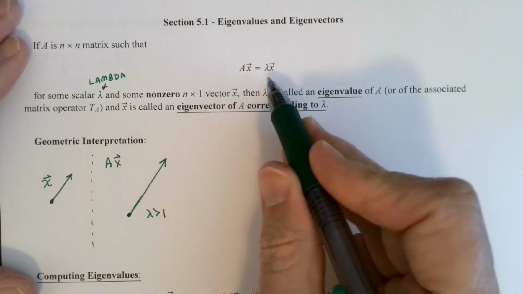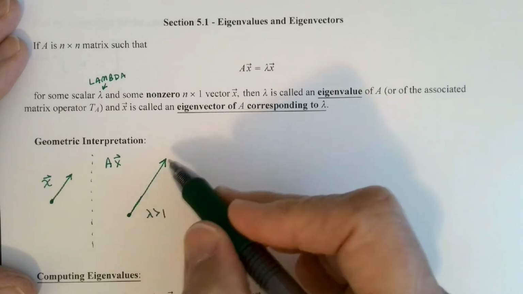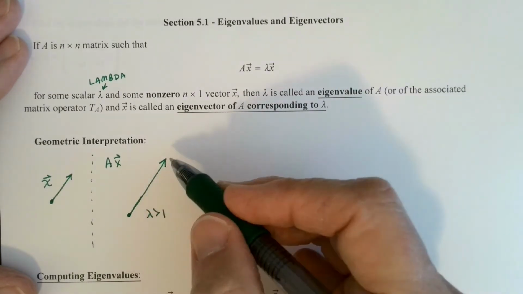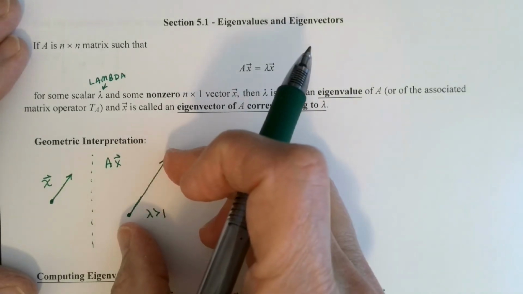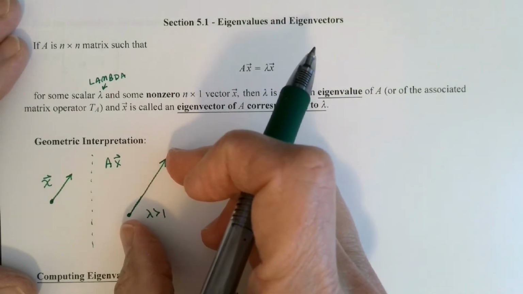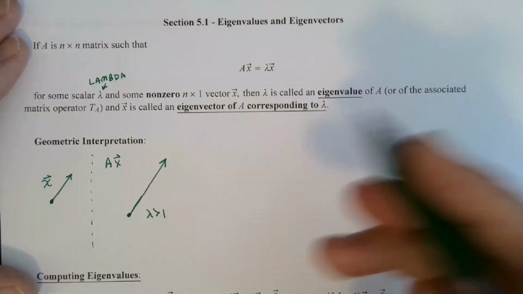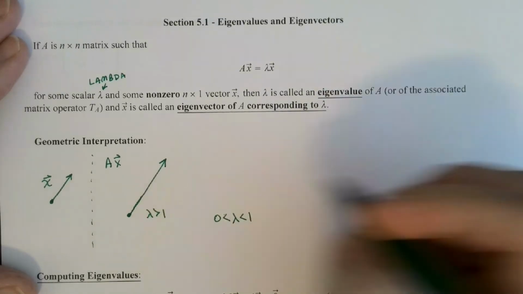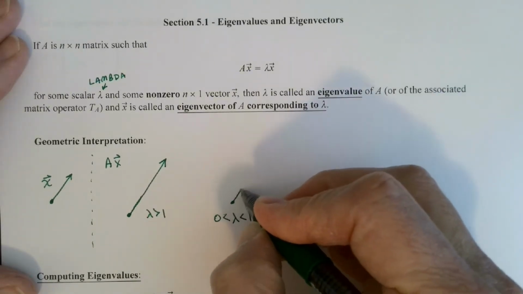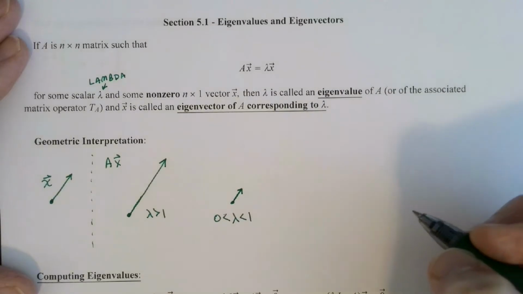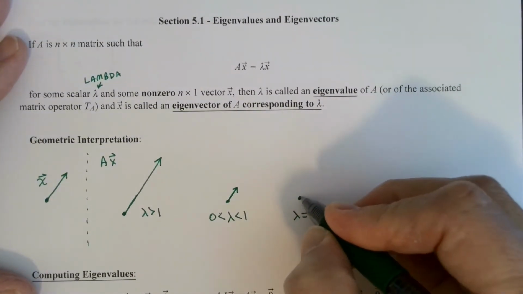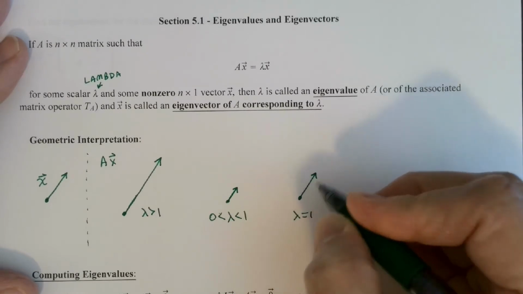Because x is an n-tuple, but if we were in 2 or 3 space, we can visualize it this way. It's going to make the vector with a norm that is bigger. If lambda is between 0 and 1, what's going to happen? Well, it's going to shrink. If lambda is equal to 1, then of course we get just the same vector back. We get x back.